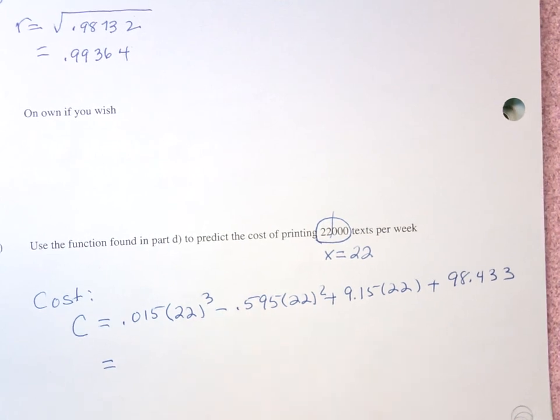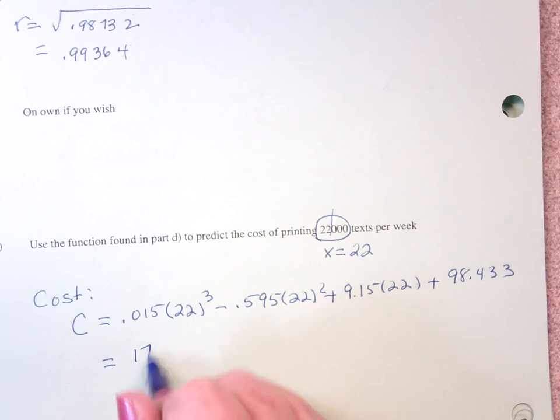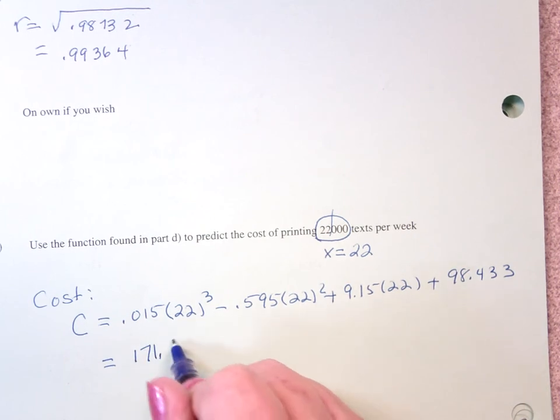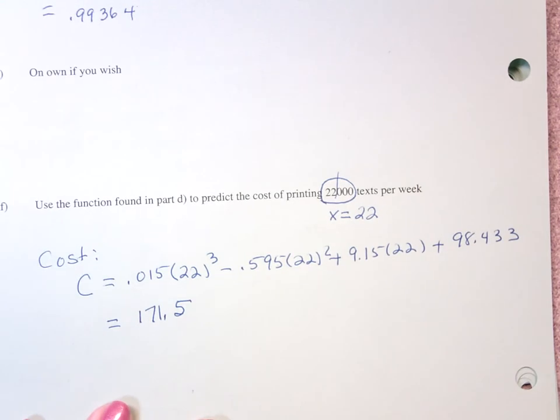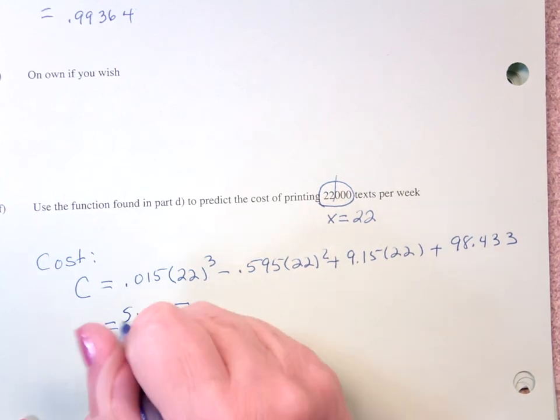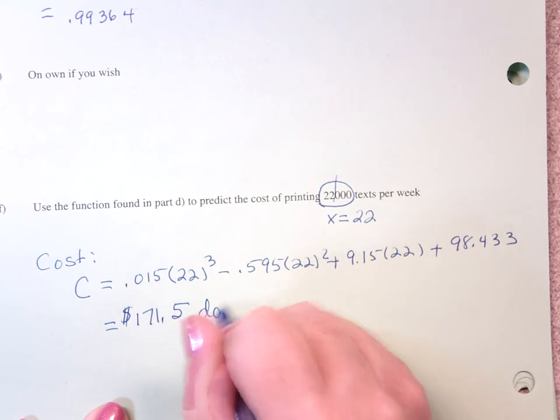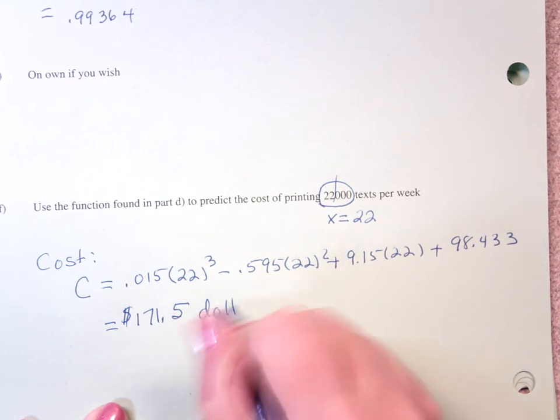I come out with 171.5, what? 1,000 books, or no, I'm sorry, $1,000. And this should be thousand.